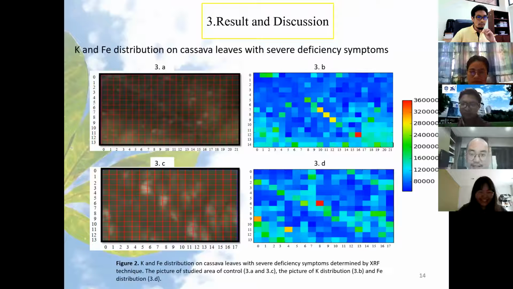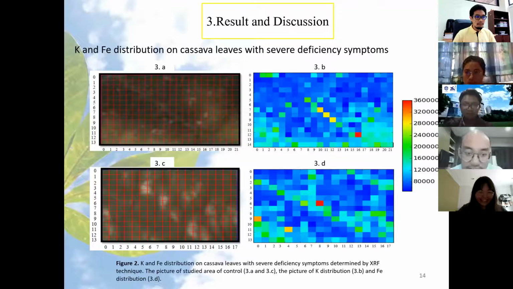Distributions. And so is there any correlation between each color? Yes, the blue is low energy. The red one is very high energy. High energy. Yeah. And they can be detected, ion of potassium and iron.